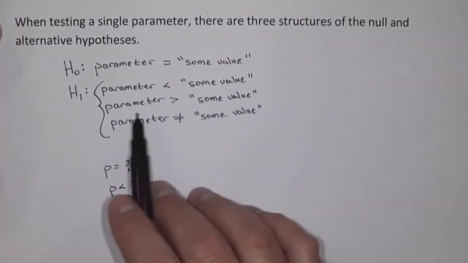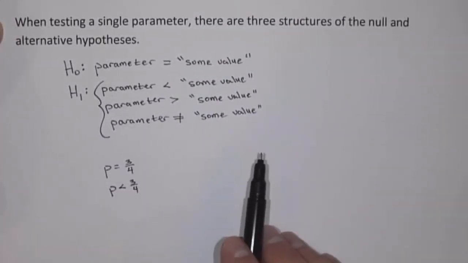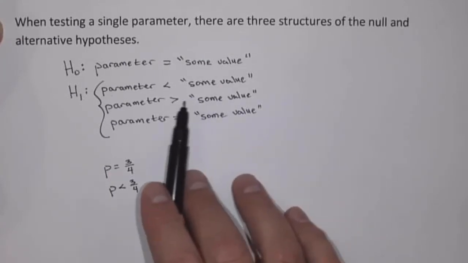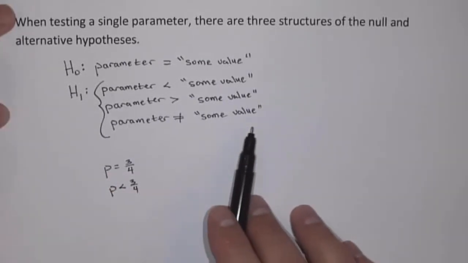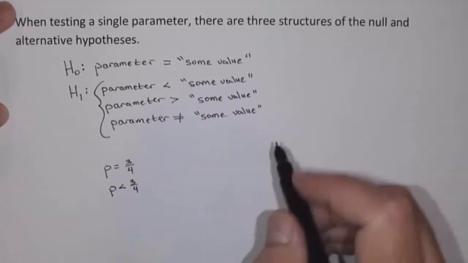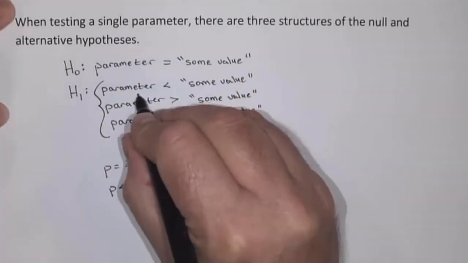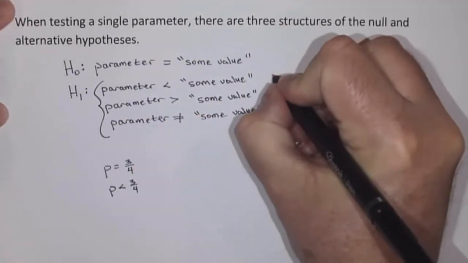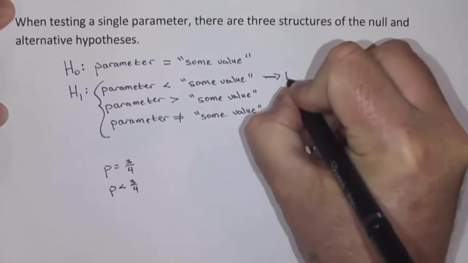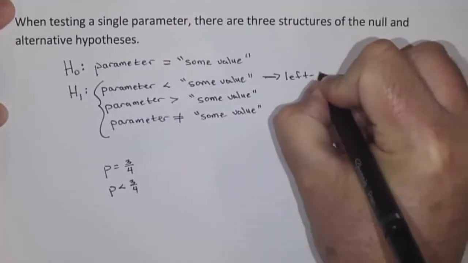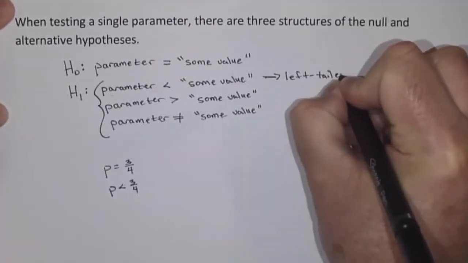Now what the alternative hypothesis is matters because that affects the type of test that we're going to do. If the alternative hypothesis is a less than, the parameter's less than some value, that is going to lead to what is called a left-tailed test.